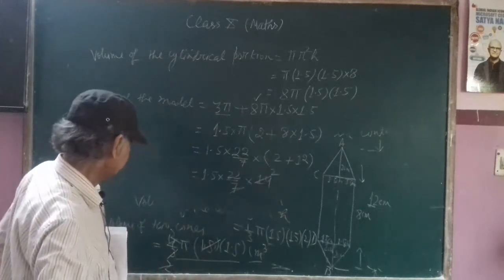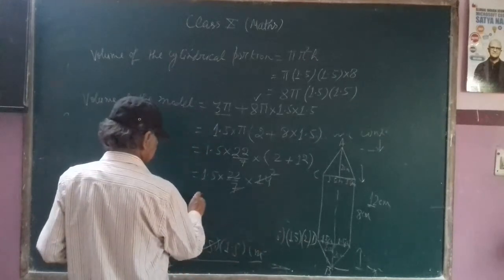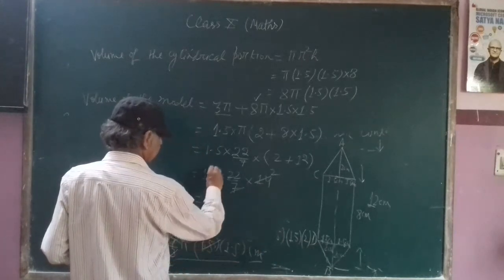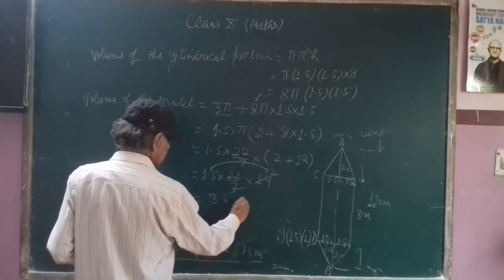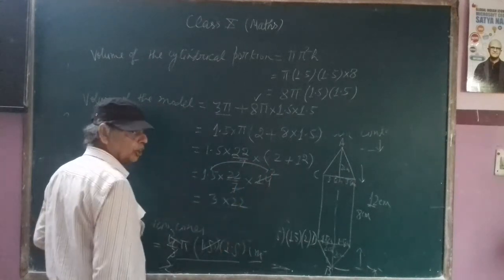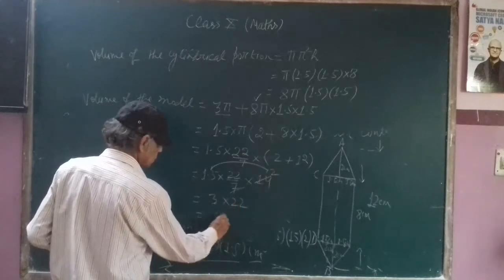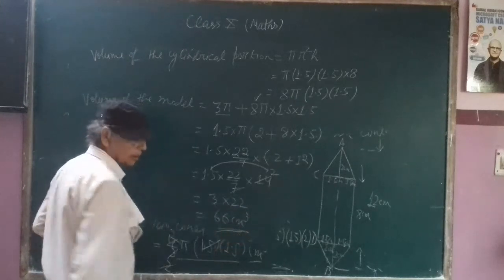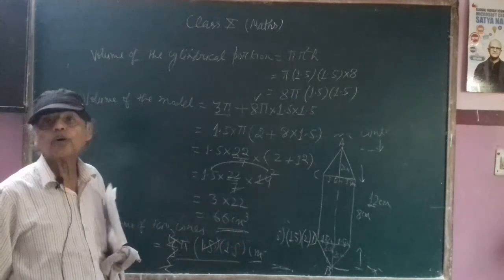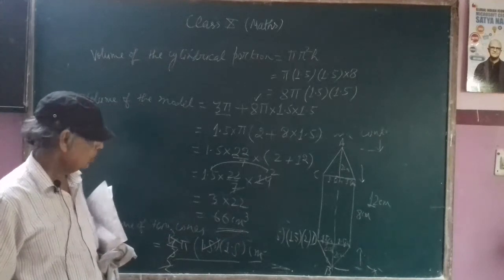You will get 1.5 into 2, which means 3. 3 into 22, and in the bottom it is 1. So it is 3 into 22, 66 centimeter cube will be the answer. This is the volume of the whole model: 66 centimeter cube.